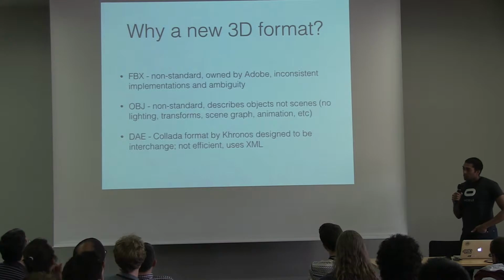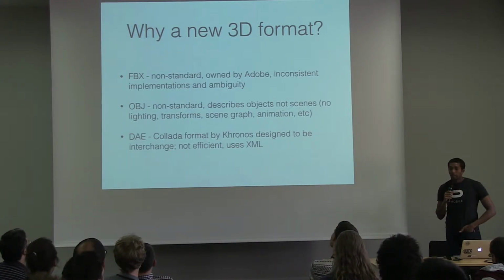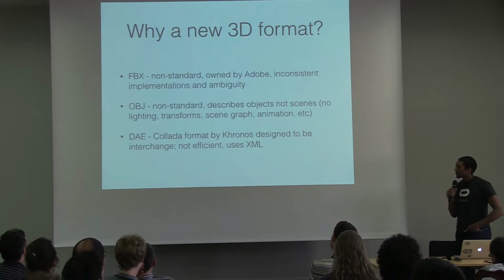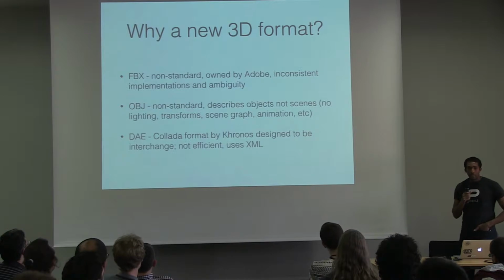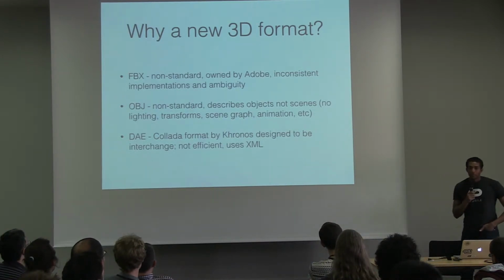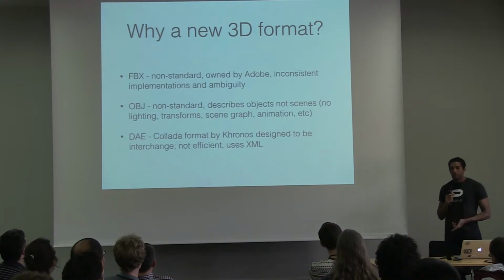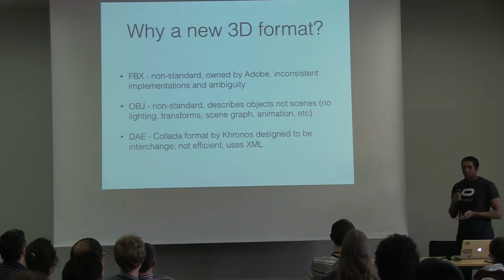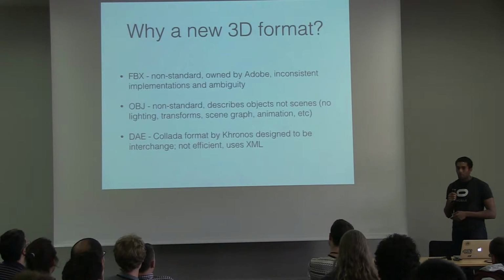There are tons of 3D formats on the market right now, and some of them are super popular, like FBX. If you're a 3D author working in Maya or something like that, this is probably the format you work in. But there's an issue with that format: it's not standardized, it's owned by Adobe. It doesn't support some of the latest ways of doing rendering, like physically based rendering.